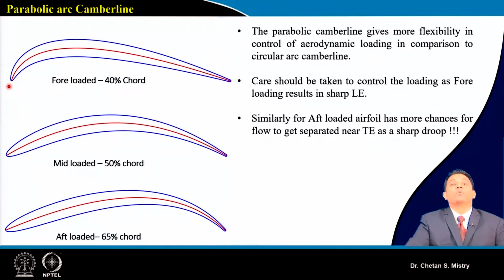We will have more acceleration on my suction surface, and later on, after say 20% or 30% of chord, we will have deceleration. That is what happens on the suction surface. Now, what we have done here is made this blade in such a way that it is front loaded. So you will have a whole lot of acceleration on the suction surface, and later on you will have the deceleration of the flow.